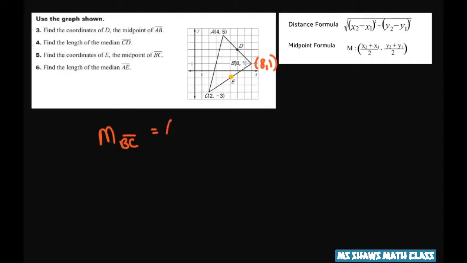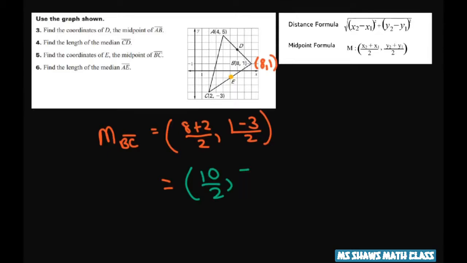And that's going to equal, just add your x's and divide by 2, add your y's and divide by 2. So this is going to give you 10 divided by 2 and negative 2 divided by 2, which equals 5 comma negative 1.